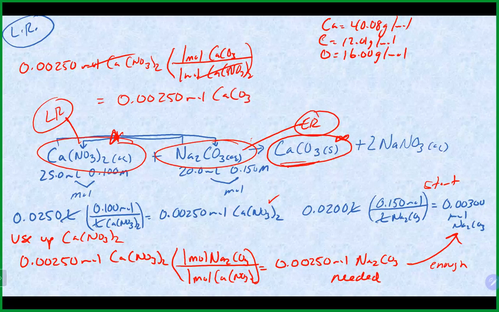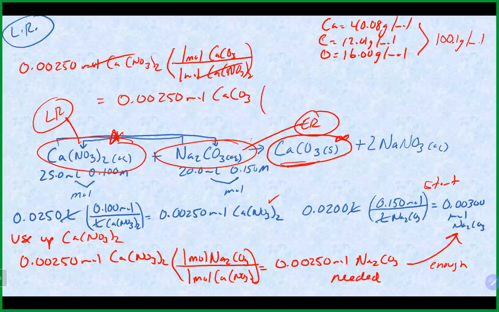That would be our theoretical yield in moles, but we want it in grams, so we'll use our molar mass to figure out the molar mass of calcium carbonate, and that is 40.08 for the 1 calcium, 12.01 for the 1 carbon, plus 3 times 16 for our oxygen. It's 100.1, it looks like, grams per mole.